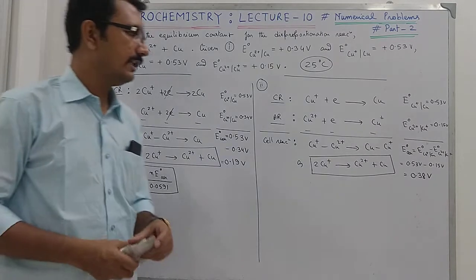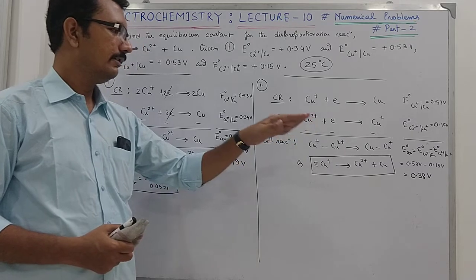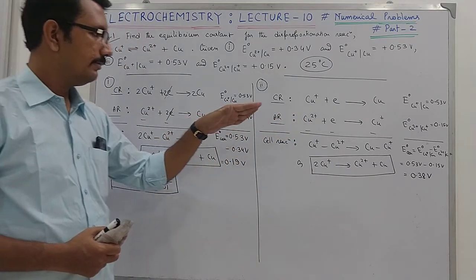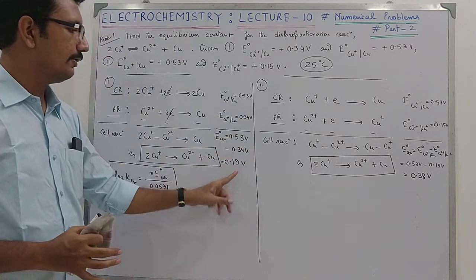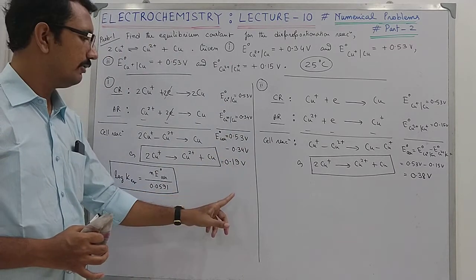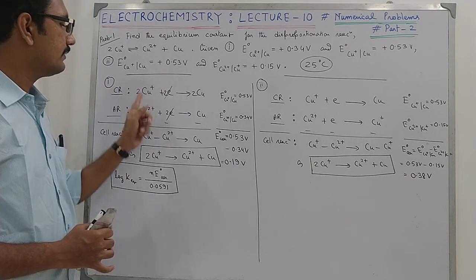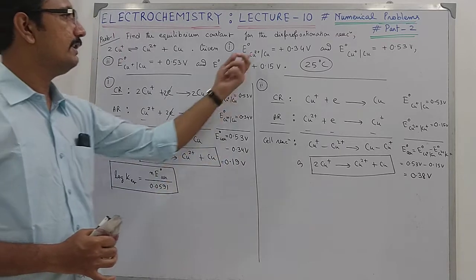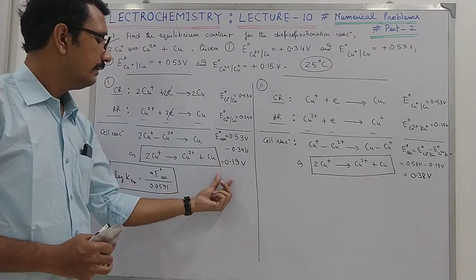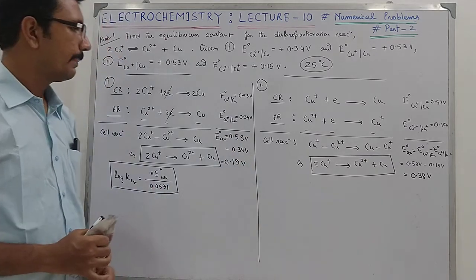So the data sets that have been given to you are giving you different values of E0 cell. With data set 1, the cell constructed using these two half cells will have a standard EMF of 0.19 volt.